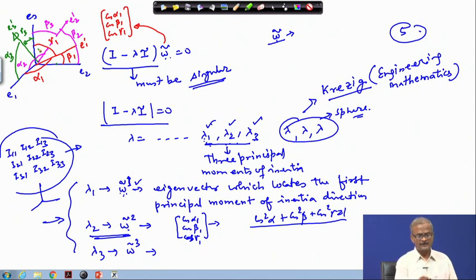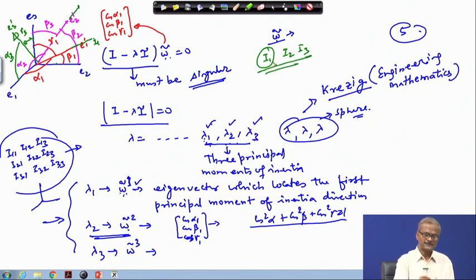This way all your principal axis directions, the principal moment of inertia axis directions, get located. If I write I 1, I 2 and I 3 as the principal moments of inertia, this indicates that you are taking I 1 about this axis, I 2 about this axis and I 3 about this axis.